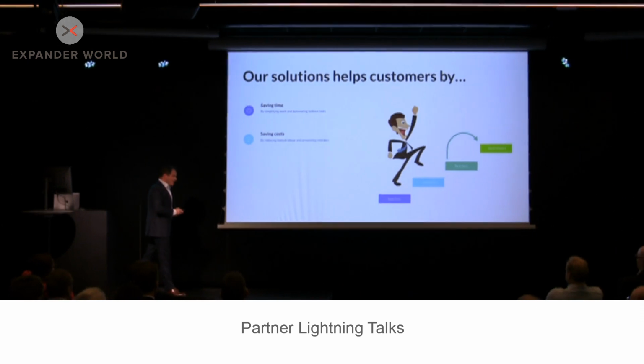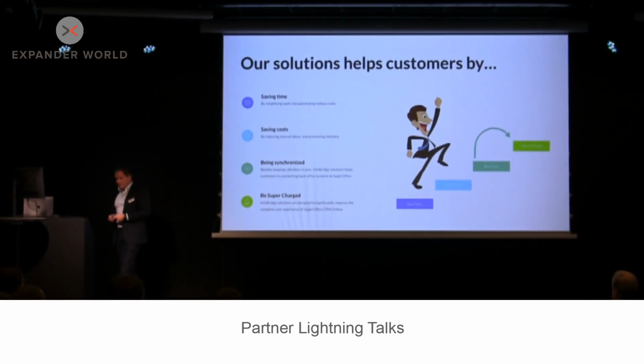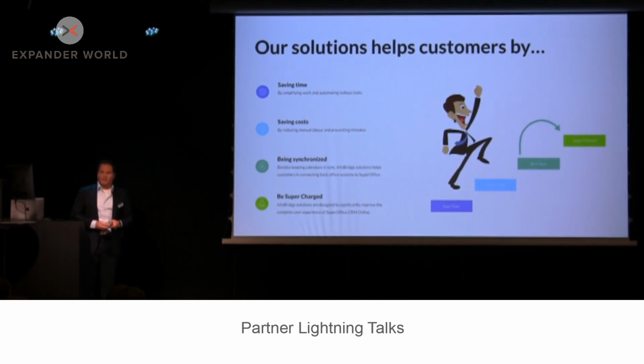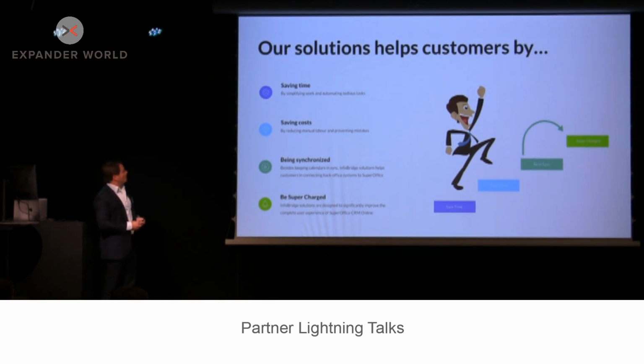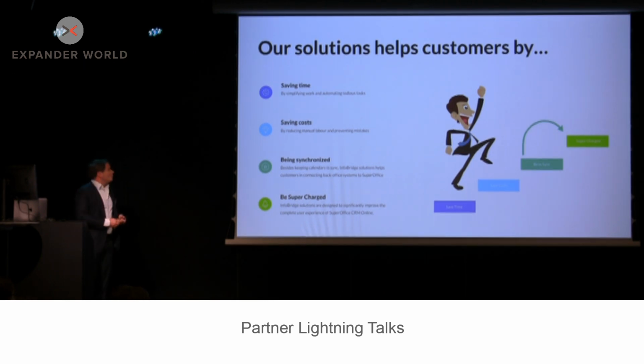When you look at our solutions, working with SuperOffice is already fun, but we always try to make it even more fun by helping customers save time and, in the end, also save costs, which results in being supercharged with SuperOffice.